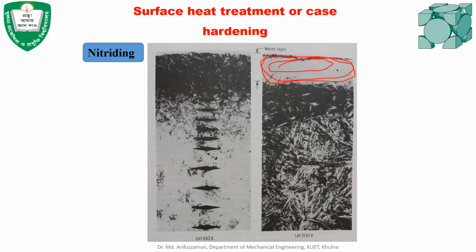And over a long time, this nitrogen actually reacts with the alloy forming elements like aluminum, molybdenum, or chromium to form the nitride.